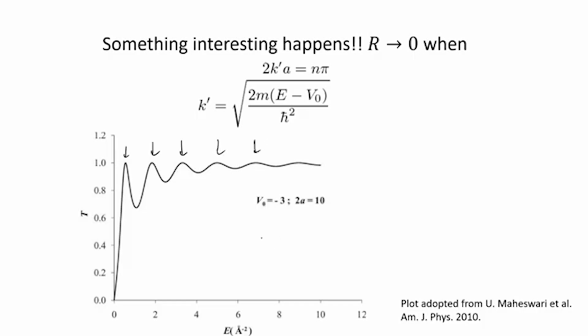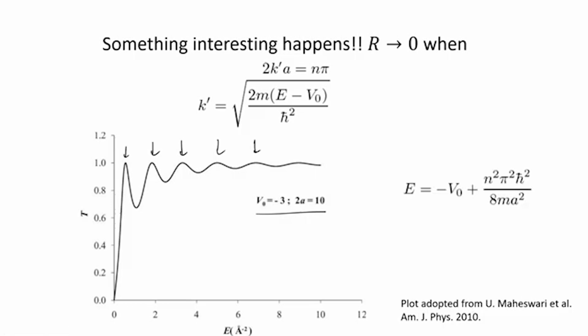Okay. And this is for a particular value of V0 and the width of the well, plotted as a function of E in terms of 1 by length square, in angstrom, and this plot is adapted from an AJP article in 2010 by Uma Maheshwari et al.